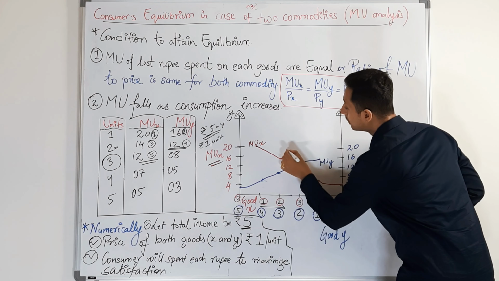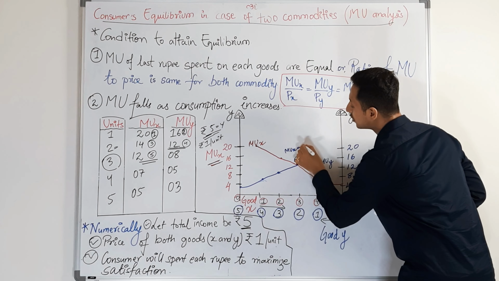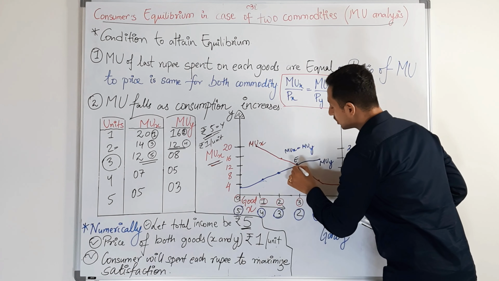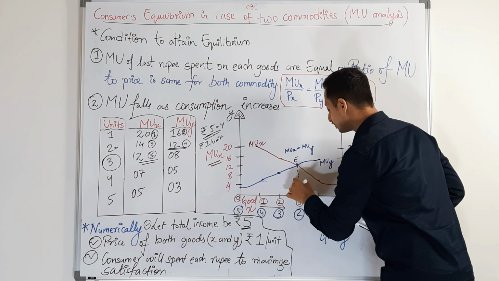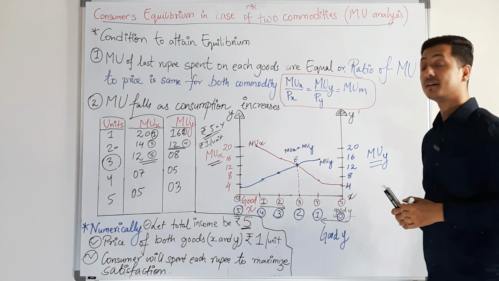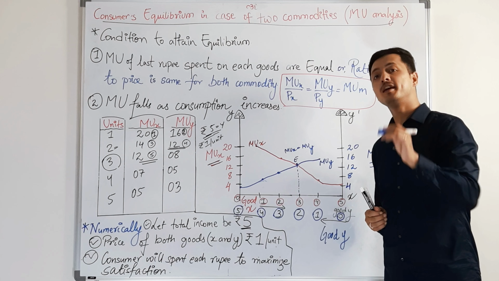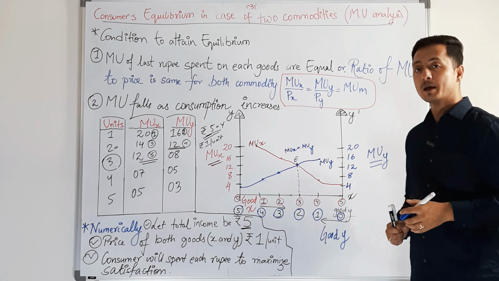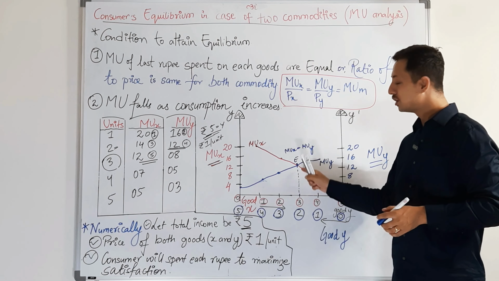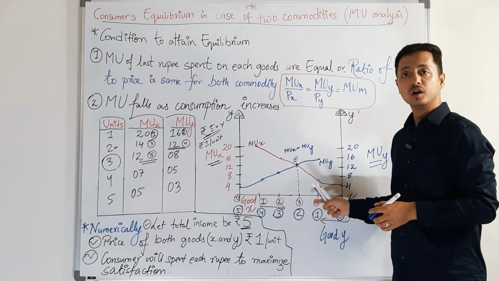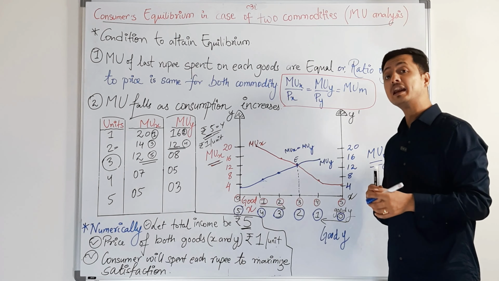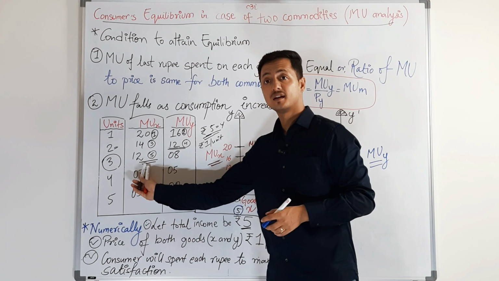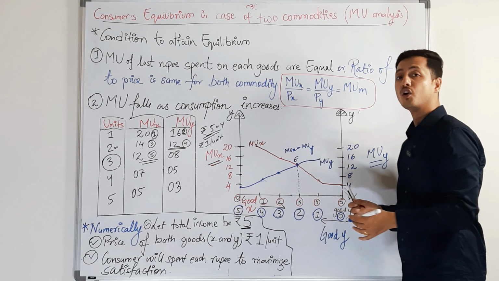At this point, the marginal utility of X is equal to the marginal utility of Y. If we connect this down here, we can see that the consumer attains equilibrium when he is consuming 3 units of good X and 2 units of good Y, because when we draw the imaginary line corresponding to the equilibrium, it falls straight to 3. Diagrammatically also it is proven.